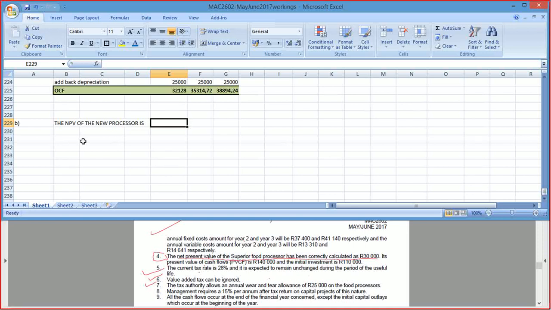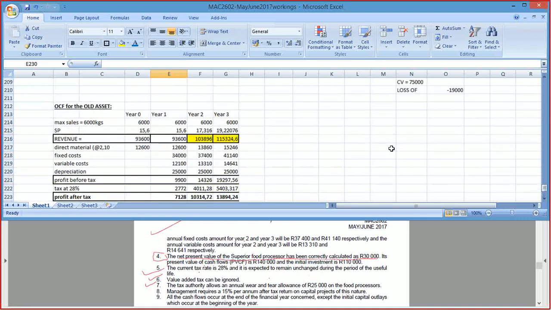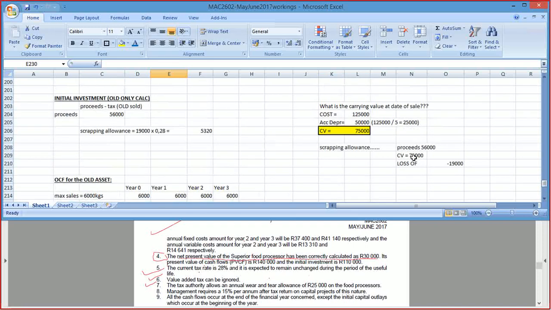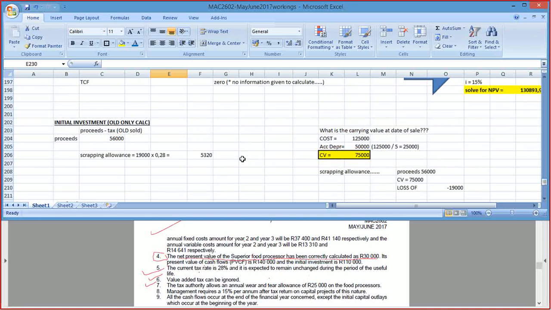The net present value was 30,000. Its present values were 140 and the initial investment was 110. And then the NPV of the old processor. The old processor had an amount of, where is that amount? Oh, hold on a sec.